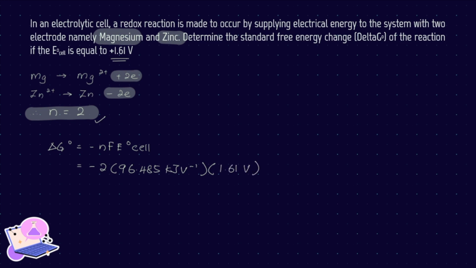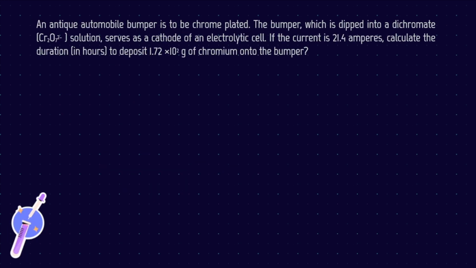So the volts you can cancel out, leaving you with only kilojoule. You just need to calculate this using your calculator, equivalent to 3.1068 times 10 to the power of 2 kilojoule. So this is the final answer for the 6th question.